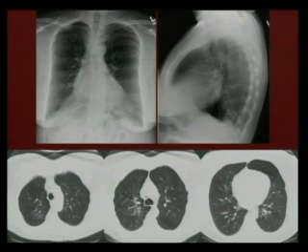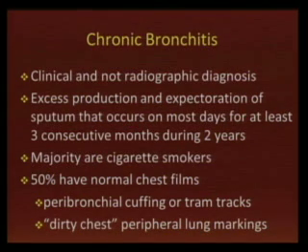Okay, if we are performing a CT, the only thing that we will see is some air trapping areas, lucent areas that represent the small airway disease, and sometimes you can see wall thickening in the bronchi. Chronic bronchitis is not a radiological diagnosis. It's a clinical diagnosis, and it's based on cough and expectoration for at least 3 consecutive months during 2 years.